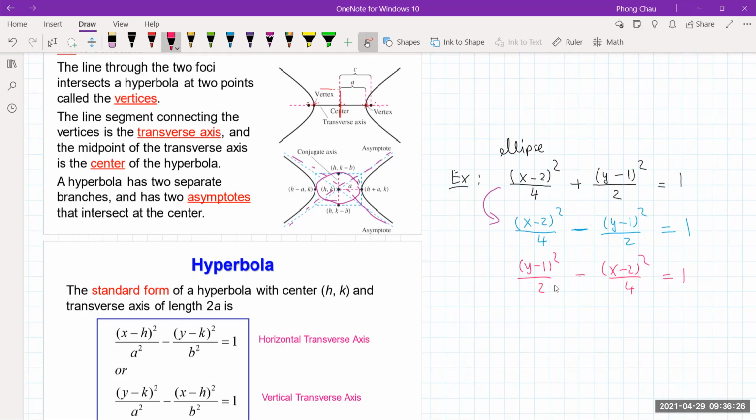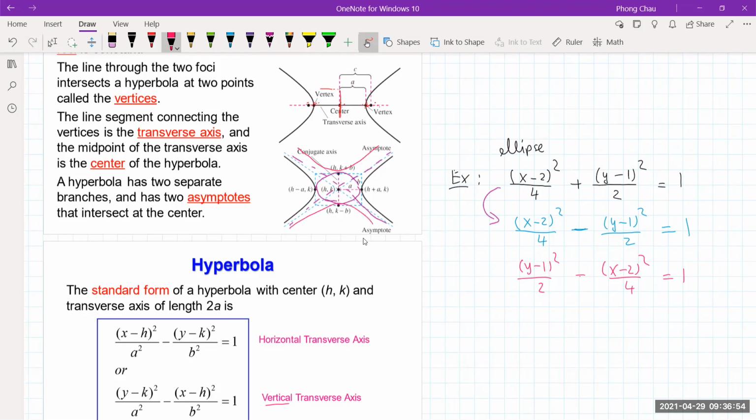But since I switched, the y comes first here, so we have a vertical transverse axis, and your hyperbola will be that one, right? So it goes through this point as a vertex, and like that.